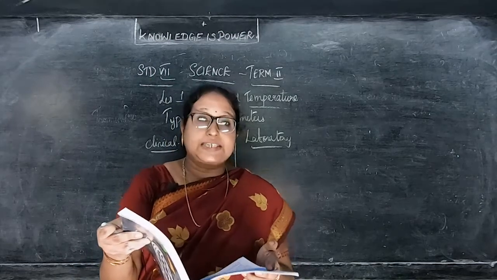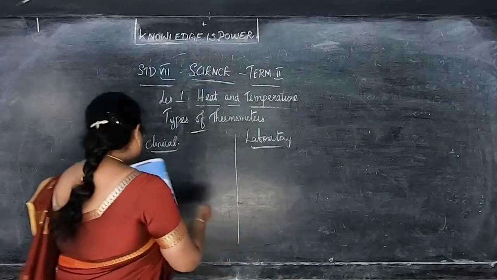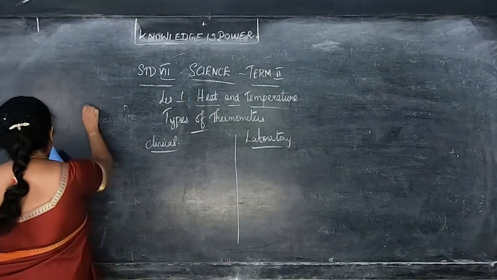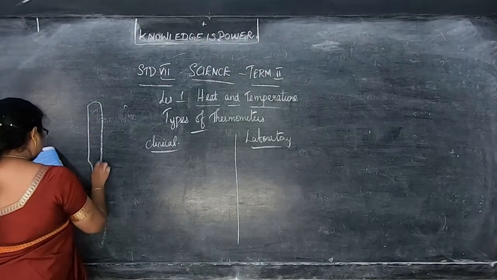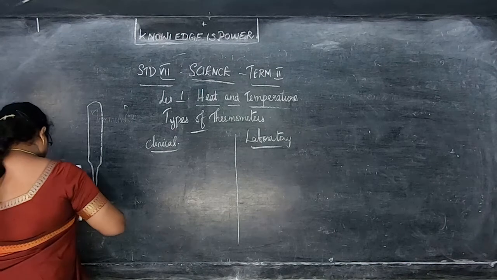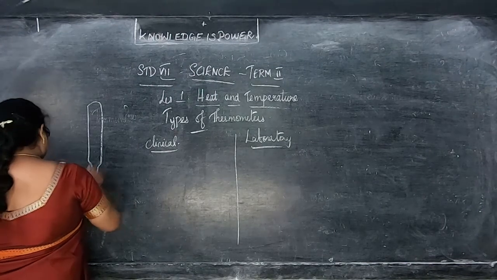Now there are temperature scales on either side of the mercury thread. This is a mercury clinical thermometer, see here. Clinical thermometer, children.